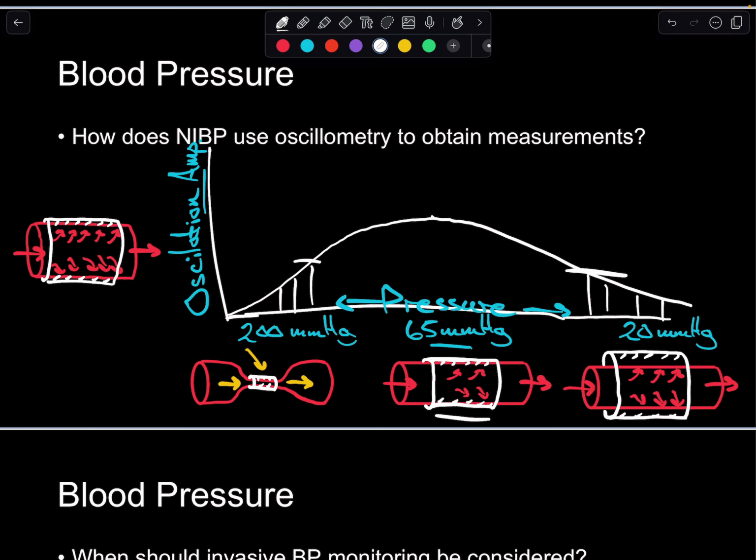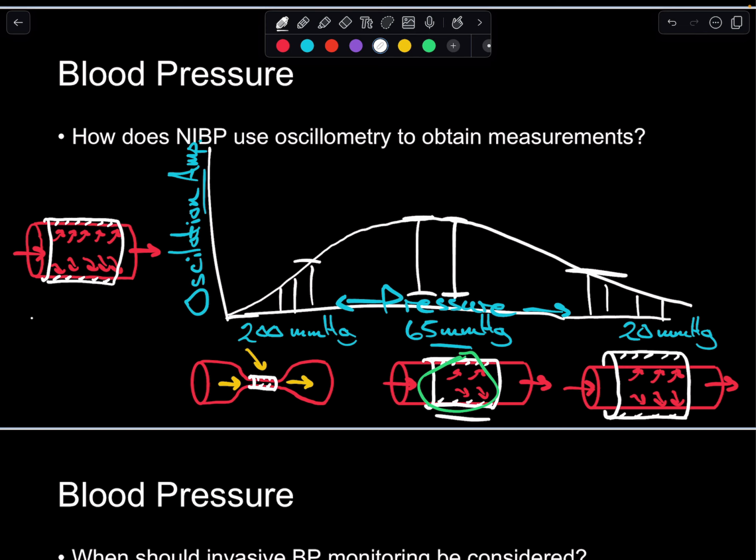But right here in the middle, you have a maximum amount of oscillations that are being detected because the cuff that's around the patient's arm is in the perfect amount of contact with the wall of the artery. So then, at this point, this is the mean arterial pressure. You can use that to derive the systolic and diastolic pressures.